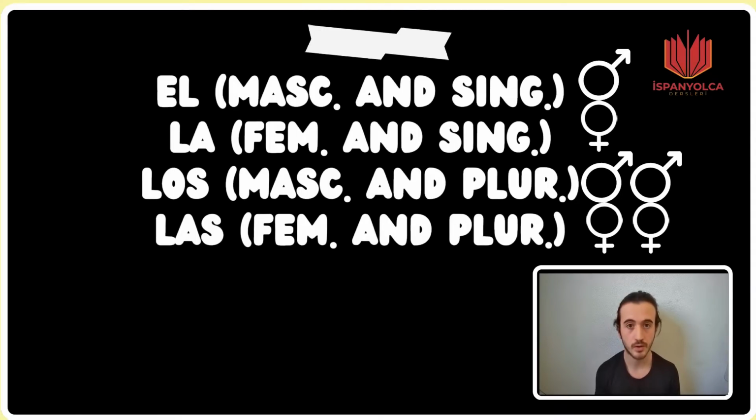If the word is masculine and singular, you have to use el. If the word is feminine and singular, you have to use la. If the word is masculine and plural, you have to use los. And finally, if the word is feminine and plural, you have to use las.